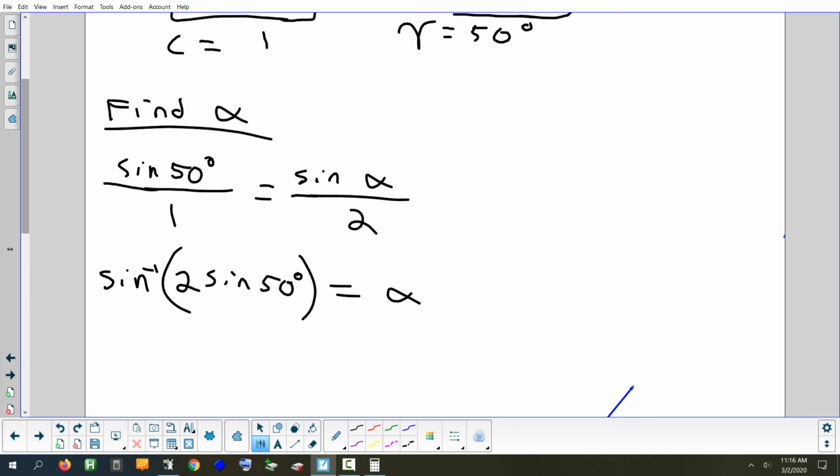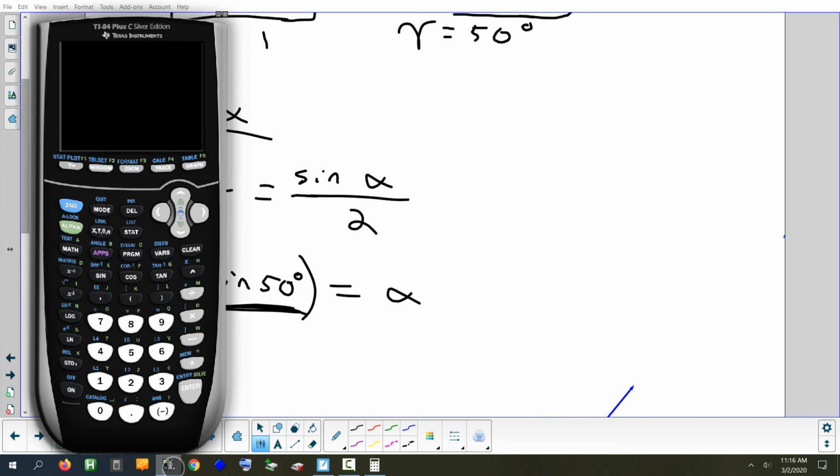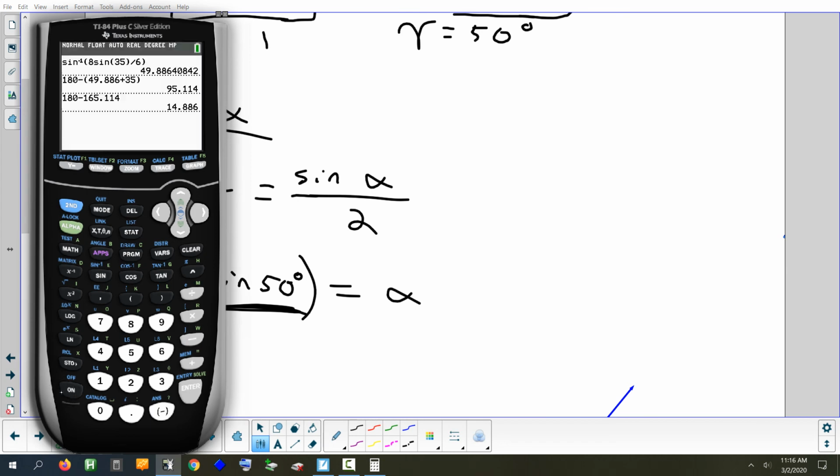Now, inverse sine has a certain domain that you're allowed to plug in. Anybody remember when you do inverse sine, what you plug into it has to be between these two numbers? Negative 1 and 1. Yeah. So just look at 2 sine 50 for a second. Is that between negative 1 and 1?